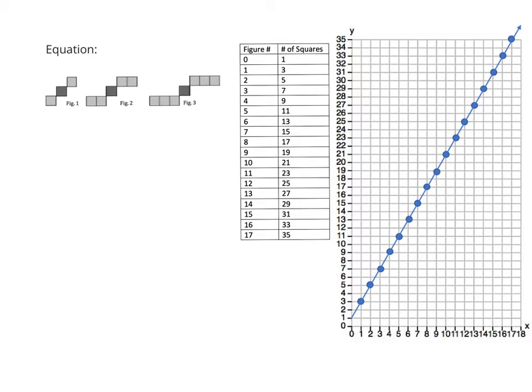And when I go and write an equation, we need to look at several things. One, my equation needs to match what my table says. My equation needs to match what my graph has graphed. And my equation needs to fit the story problem. So when we were talking about what tile should come next, hopefully what you said to yourself was, I added 2 tiles every time, or I added 2 squares every time.